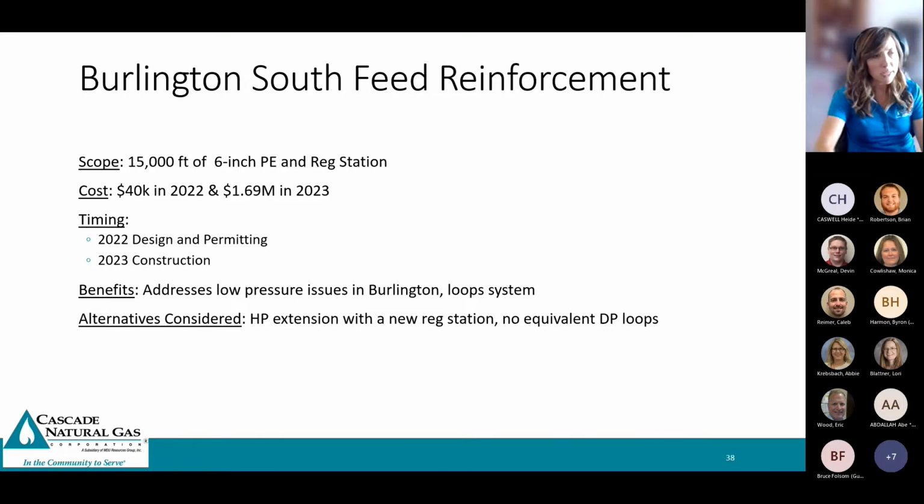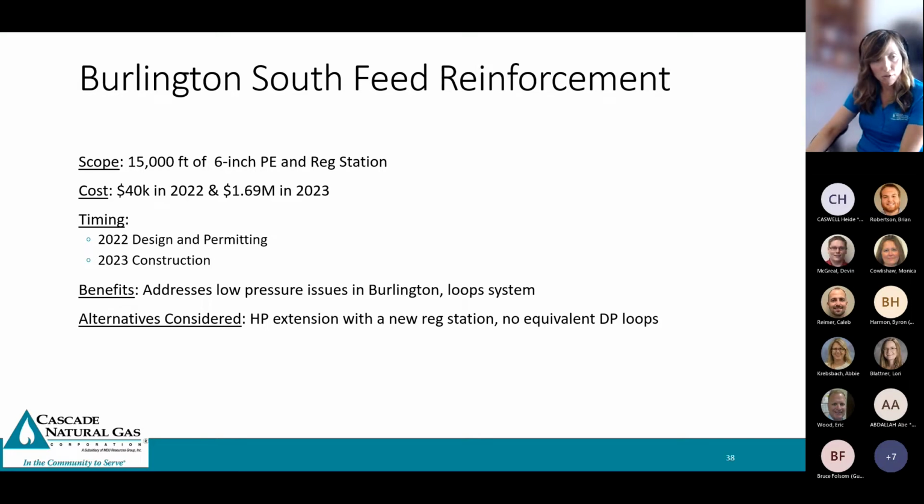Yeah, continue. So next up, we got the Burlington South Feed reinforcement. This project's 15,000 feet of 6-inch plastic and a regulator station. Timing, 2022 design and 2023 construction. This project's to address a distribution system problem due to some low pressure issues in Burlington. What this project's going to do is loop the system.